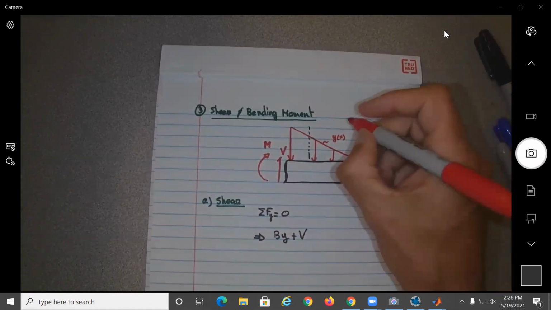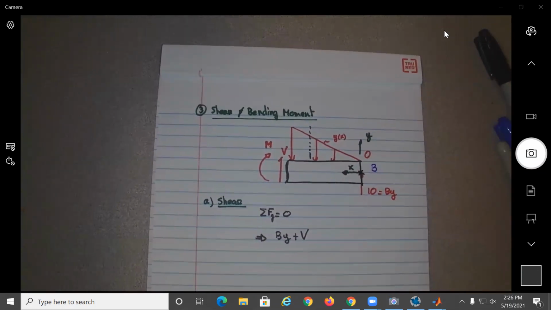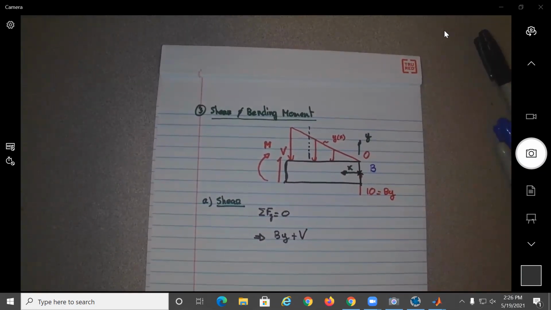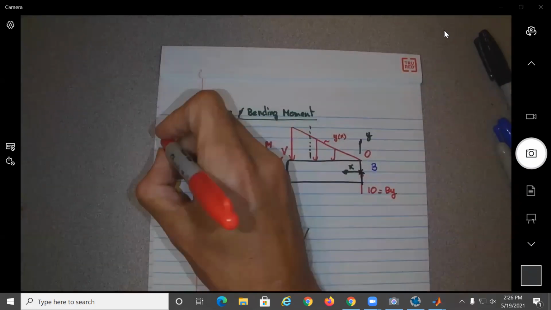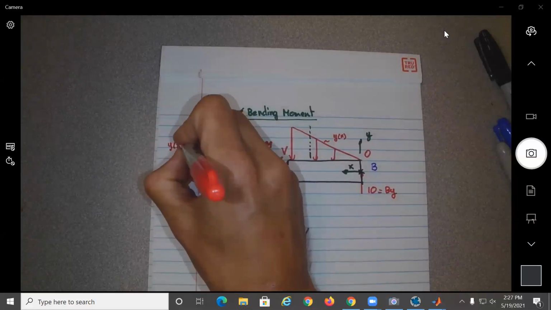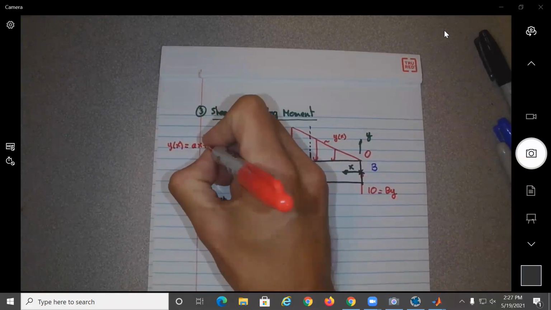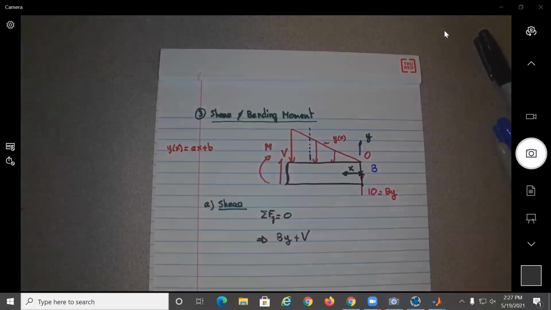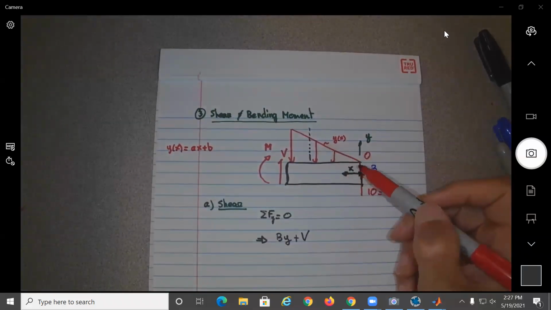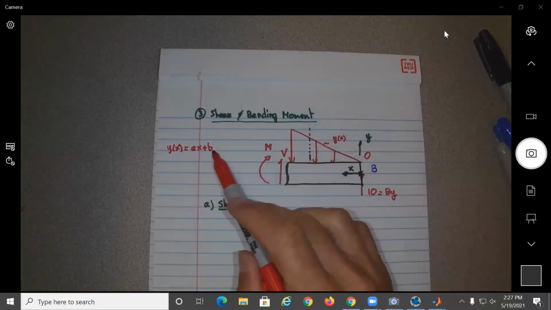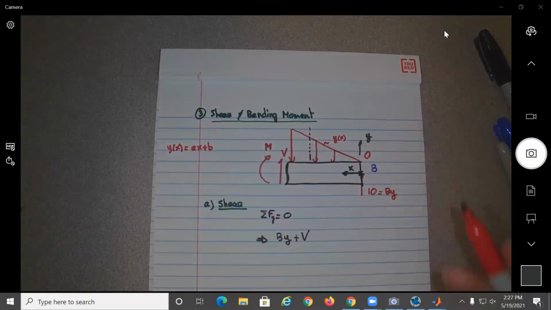So, all right, y of x over here is equal to what? Is of the form ax plus b, no? If it starts from the origin, so basically what would that mean? Y of 0 would be equal to what? 0, which will mean that little b is equal to 0, no? Yeah. Now, what is the definition of slope?